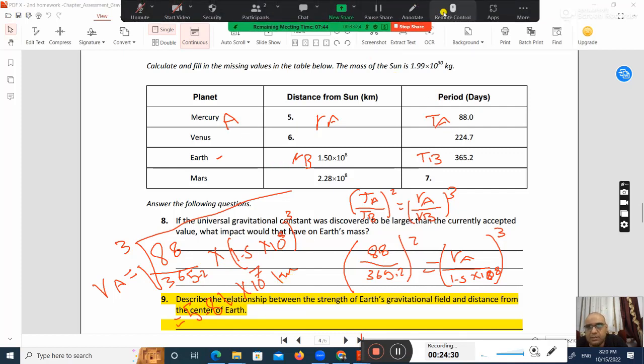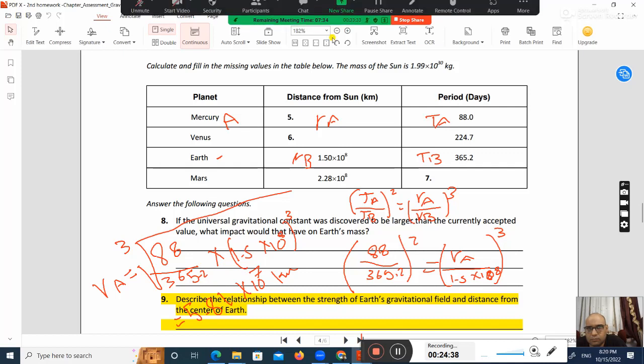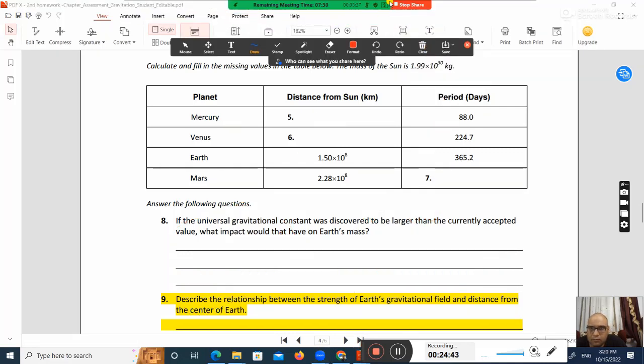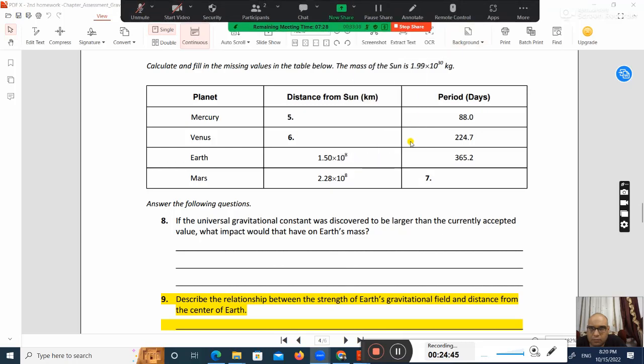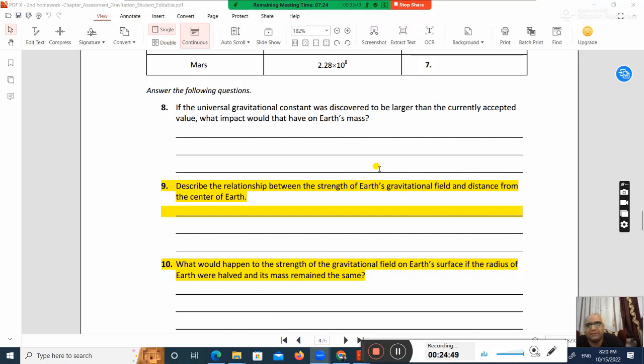For the next question, number 9, describe the relation between the strength of Earth's gravitational field and the distance from the center of the Earth.